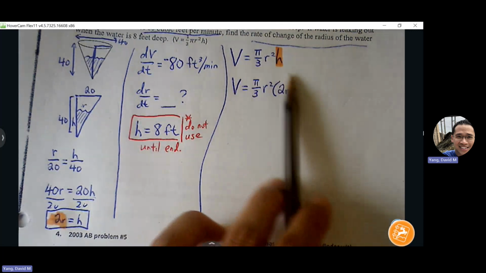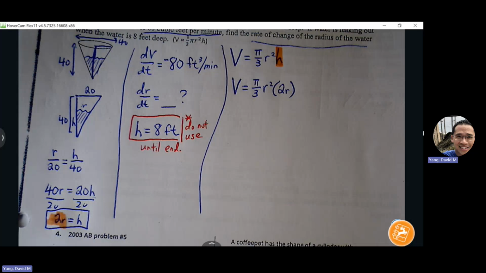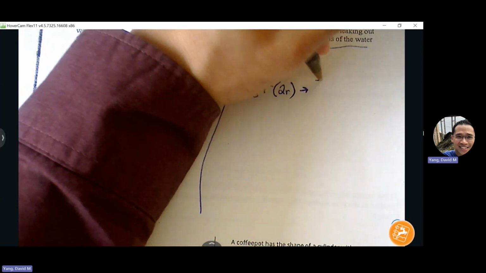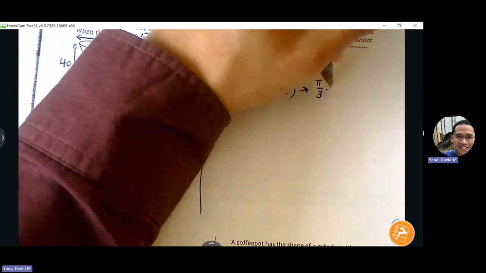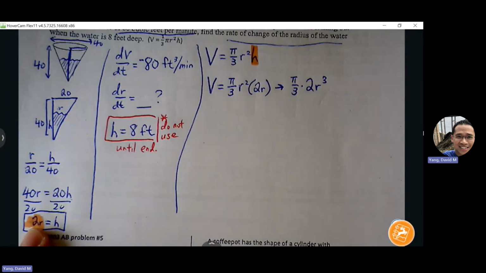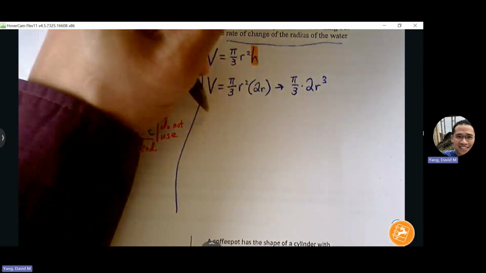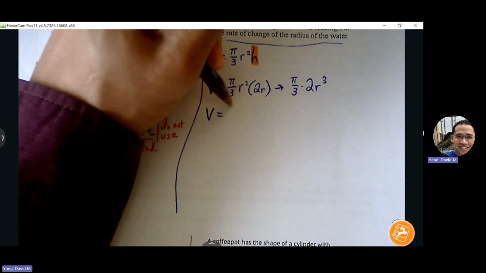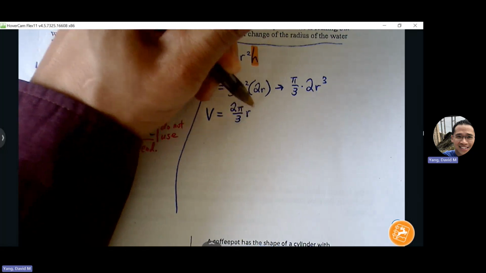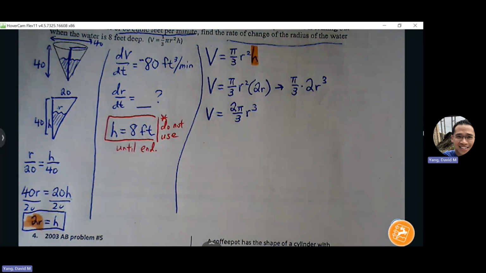Now, how can I clean this up so I can get my coefficients together and my variable together, my r's pushed together? So that's pi over 3 times 2r cubed. Is there anything I can do to make it even cleaner? I don't have to, but I just like to. 2 pi over 3. I like to push all the fractions together, let it sit together, and then the variable has its own space.